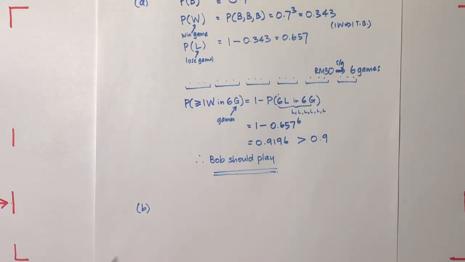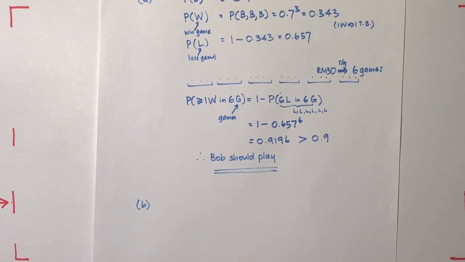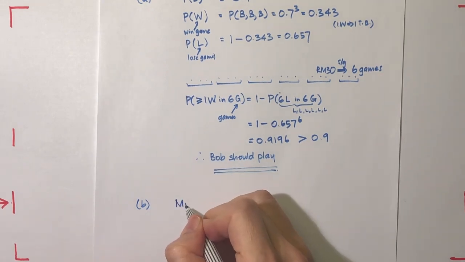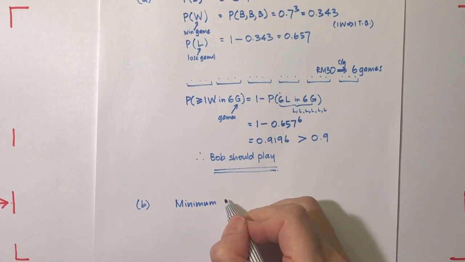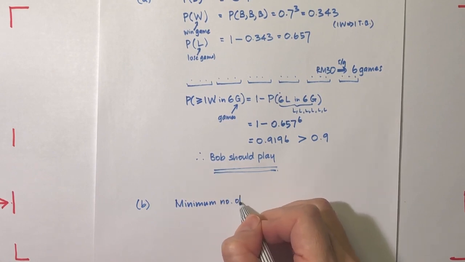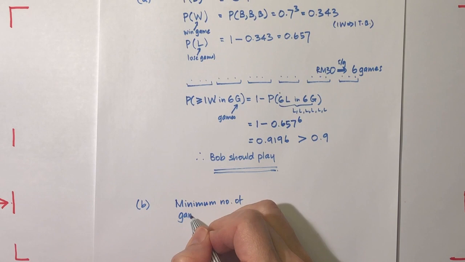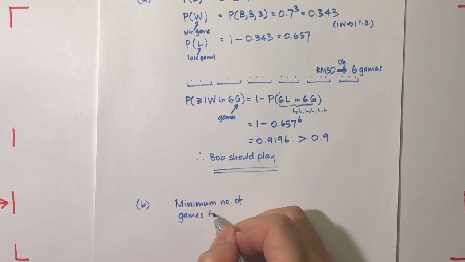For part B, the question asks, what is the minimum number of games he has to play in order to win 4 bears? Now, if Bob is extremely lucky, the minimum number of games to win 4 bears is just 4.